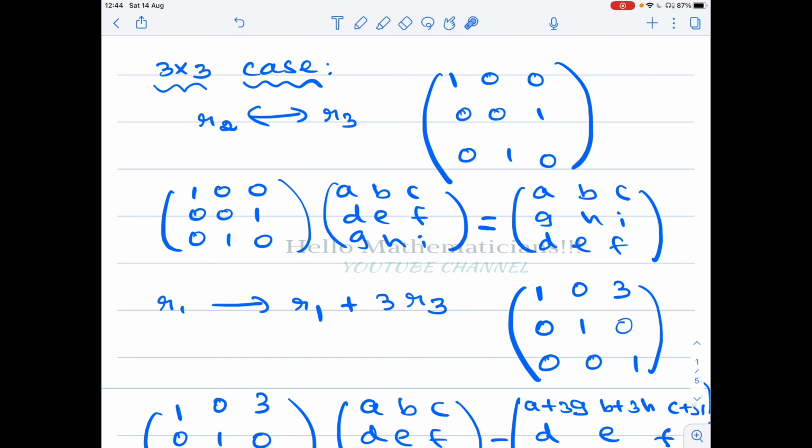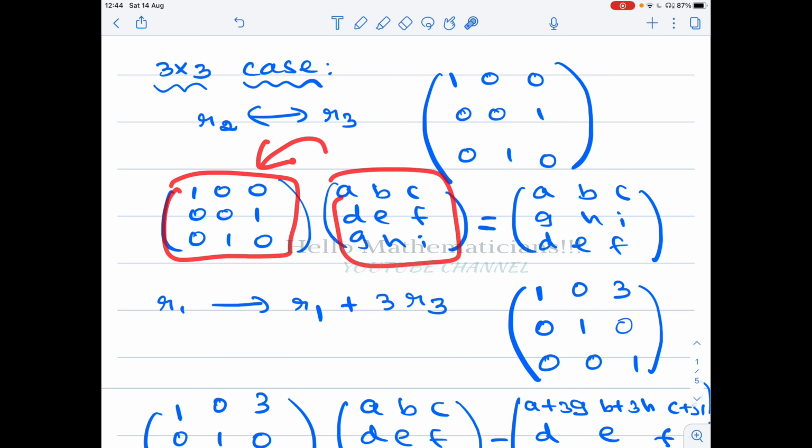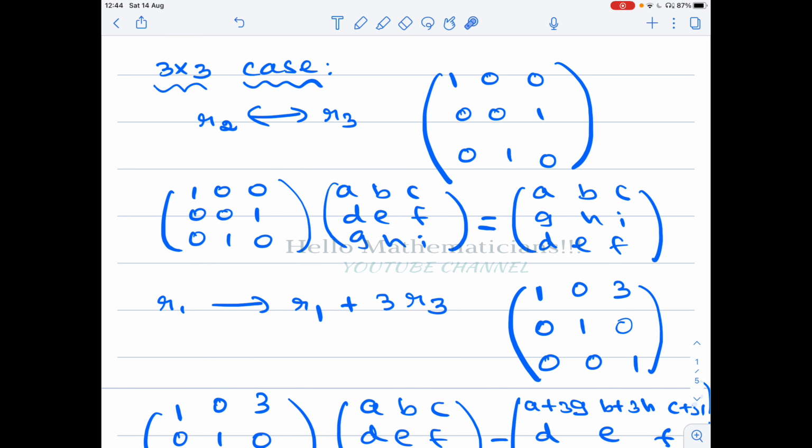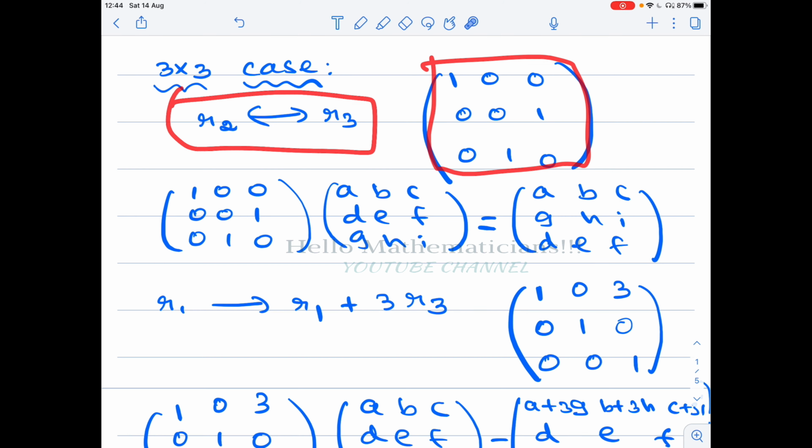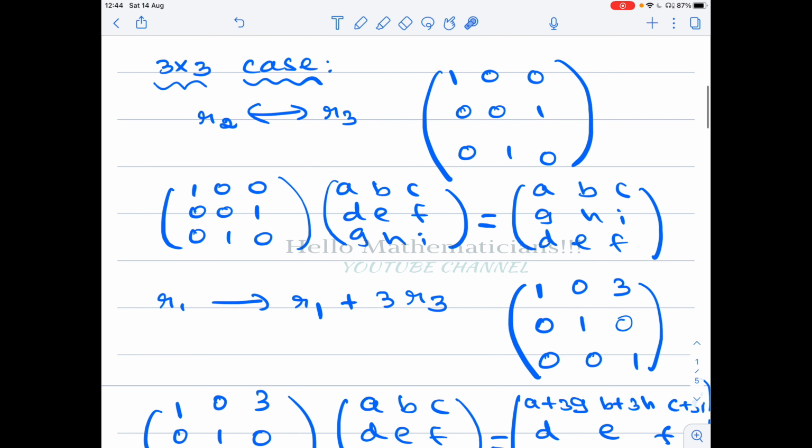Pre means we are multiplying from the left side. If you multiply this matrix by this matrix, you get this matrix. Note that here the second and third rows get interchanged. So this operation can be obtained by pre-multiplying by the corresponding elementary matrix. This is called the elementary row matrix corresponding to this elementary row operation.